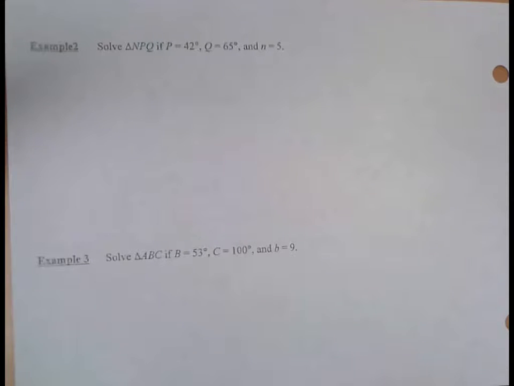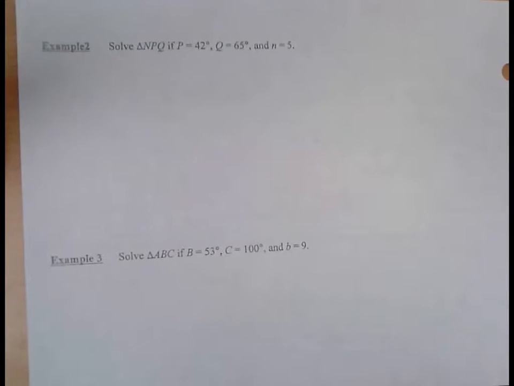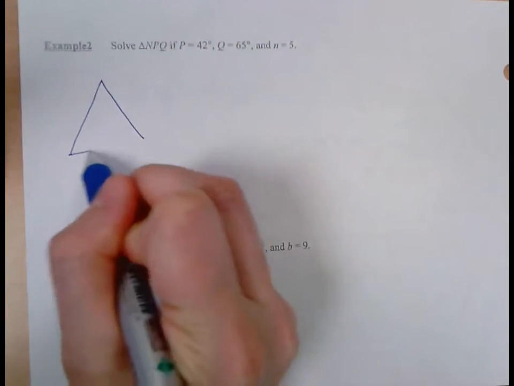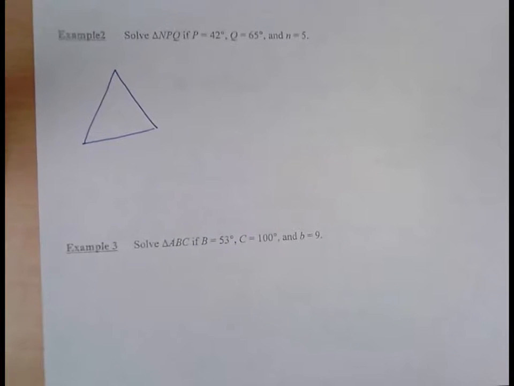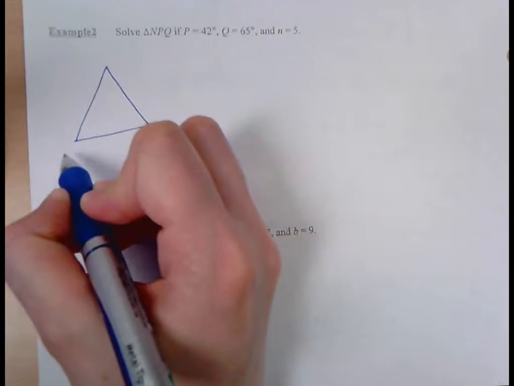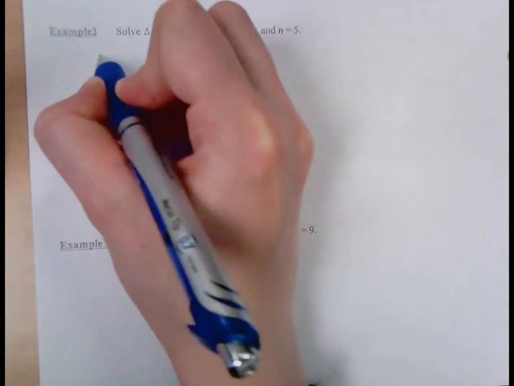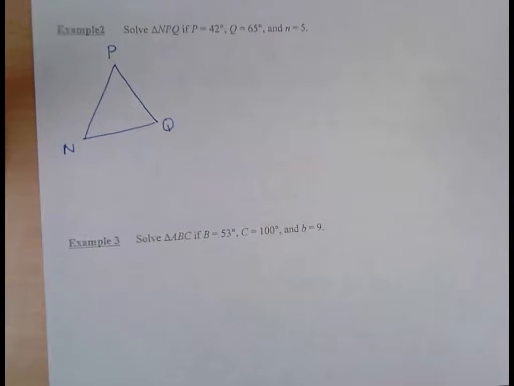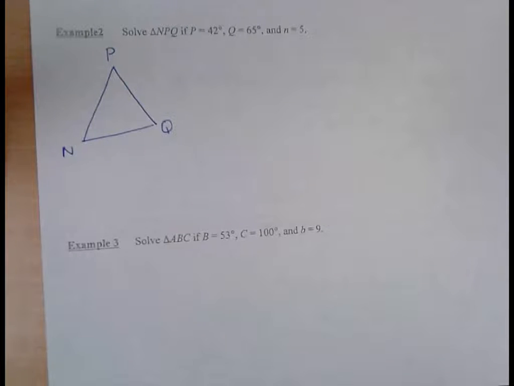So if we look at example 2, it says solve triangle NPQ if angle P is 42 degrees, angle Q is 65 degrees, and side N is 5. So I'm going to sketch a triangle. Doesn't matter what it looks like as long as it's a triangle. And label my angles N, P, Q. And then label what I'm given.